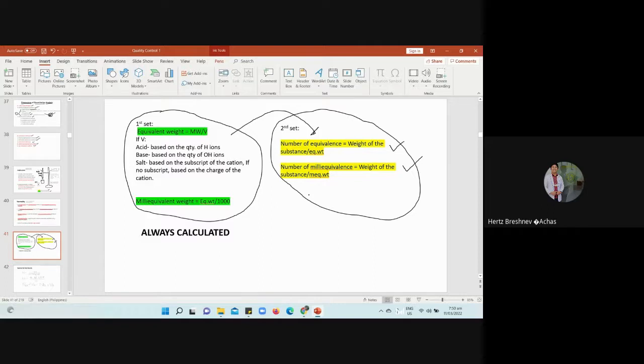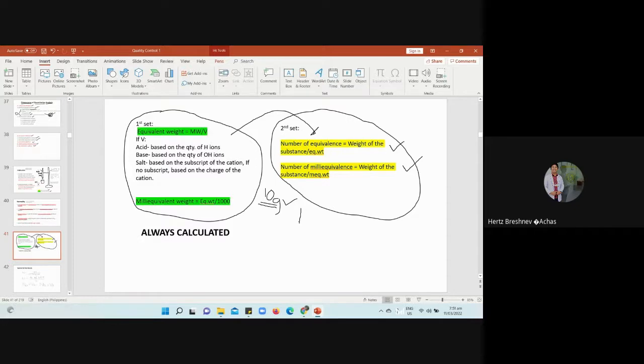For example, you are asked for 10 grams of baking soda. You will count how many molecules of baking soda are present in the 10 grams.